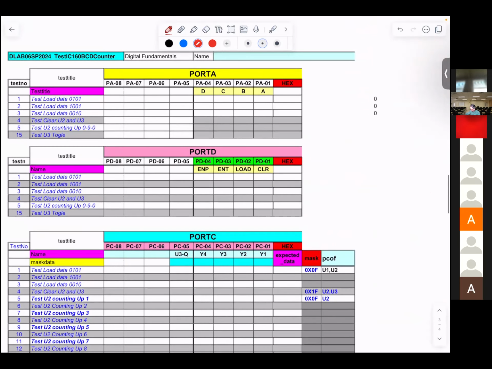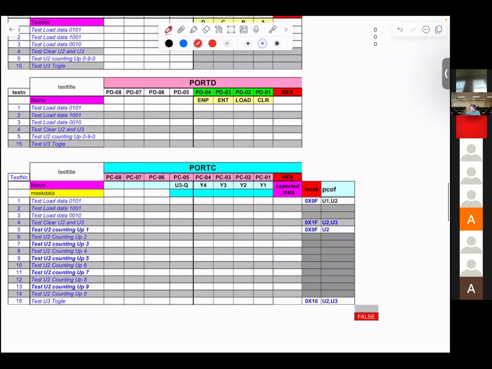And then you can get into port A, what you have to do, okay, for number 1, 2, 3. And port D, what you need to fill in, okay? And then it will be port C. If it passed, that means you're done.